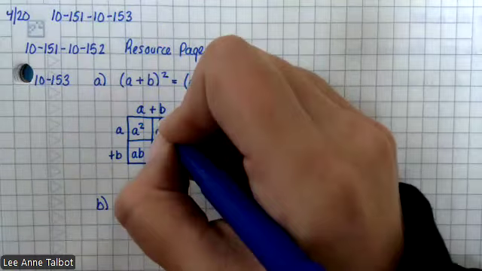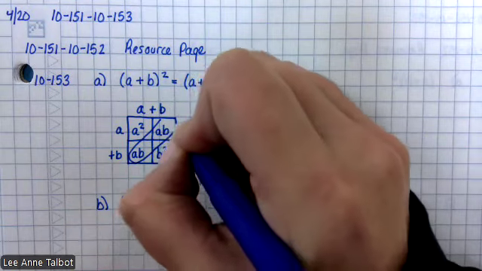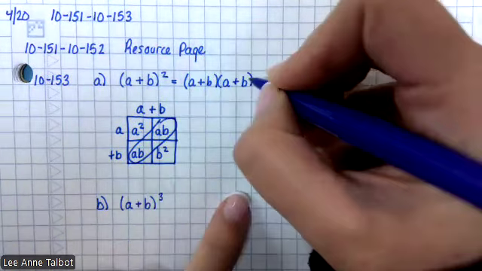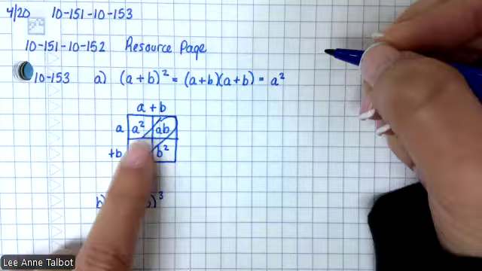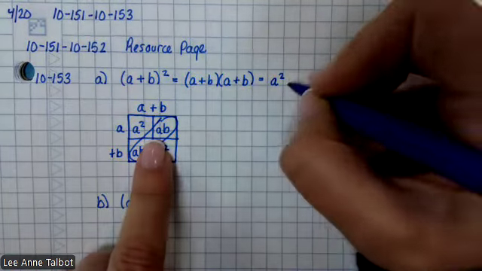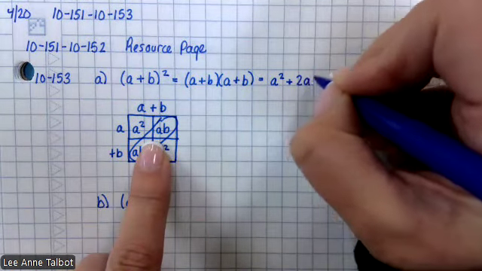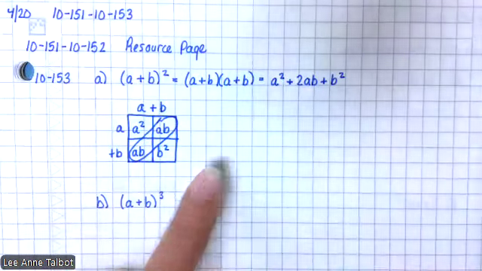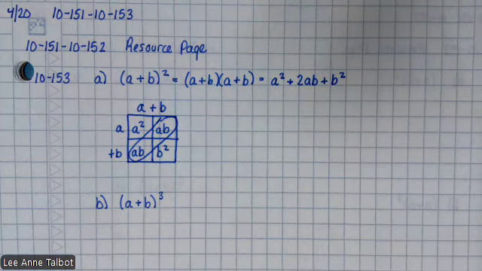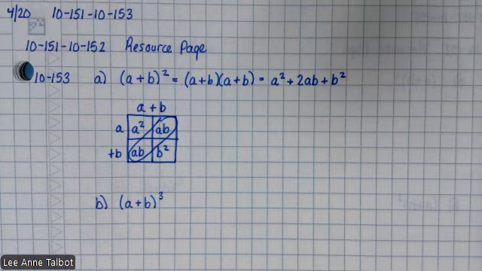And Mrs. Talbot would say, combine like terms. So this would be a squared and two ab's and b squared. And you're in Math 1 class and you drop the mic and you walk away. You're very excited about doing your box for (a + b)(a + b).